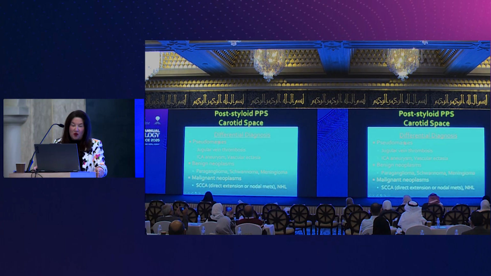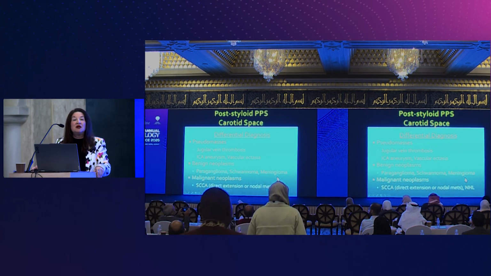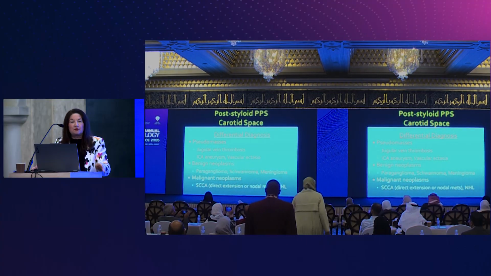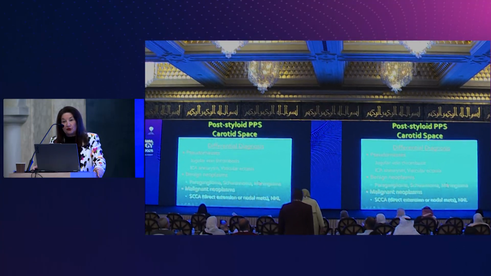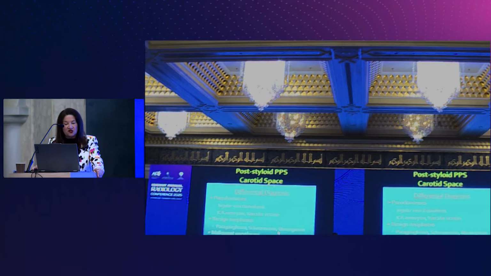So first and foremost, we have the pseudomasses, jugular vein thrombosis, pseudoaneurysms of the internal carotid artery, most commonly secondary to carotid artery dissections. We have benign neoplasms, and by far the most common are paragangliomas and the schwannoma. You'll see an occasional meningioma there, but that's usually extension from an intracranial mass in the posterior fossa growing down through the jugular foramen and into the carotid space.